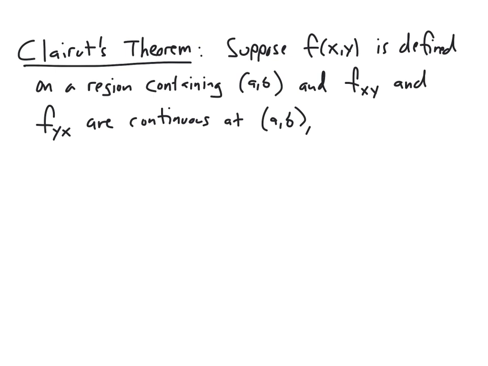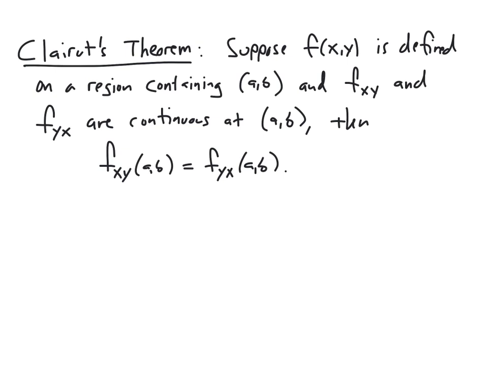So assuming that this function is defined in a region around this point and that the two mixed partials are continuous, then the two partials at (a, b) are going to equal each other. Right, so this is the result of Clairaut's theorem.